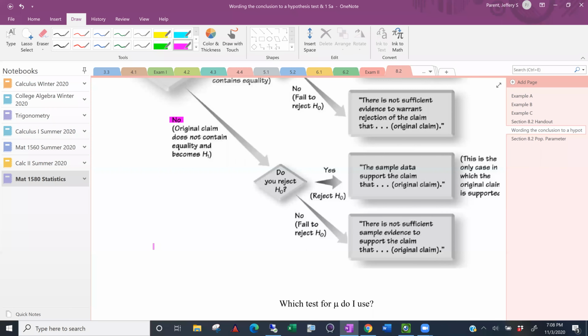And all I'm doing is copying this down. So if you're worried that you're not seeing what I'm writing, it's right there in the bottom of this. There's not sufficient sample evidence to support the claim, and I've got to catch up with my words here.